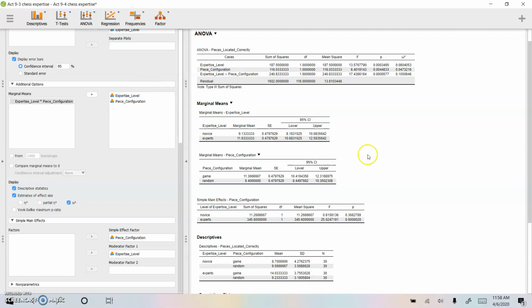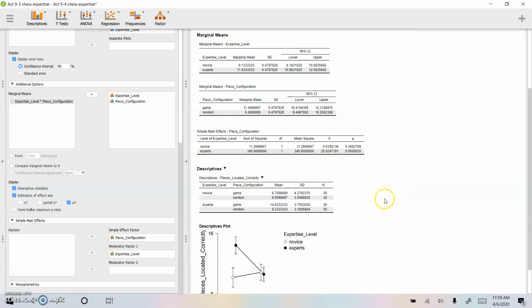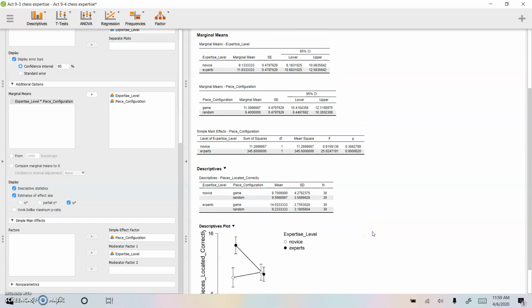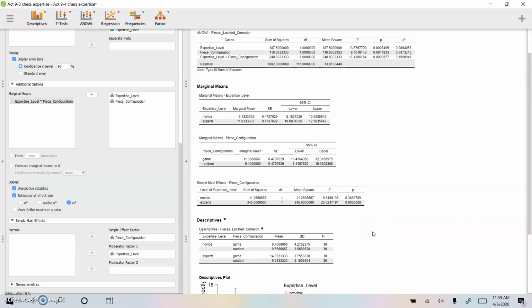All right, so note here that the interaction is what's really important and really interesting in your write-up. When you're writing about it, you're going to talk about how novices, right, did about equally well with the game and random configuration, whereas experts did much better with the game configuration than the random. And then our main effects, you'll also mention that experts overall did better than novices.